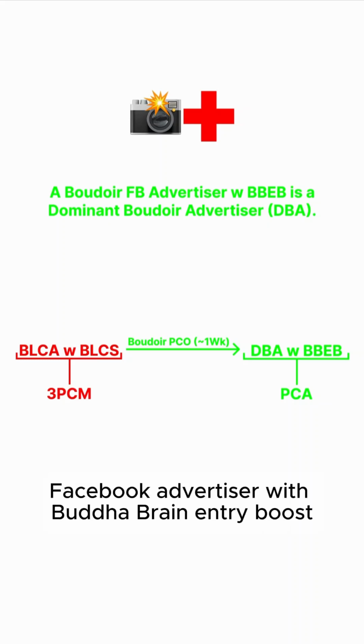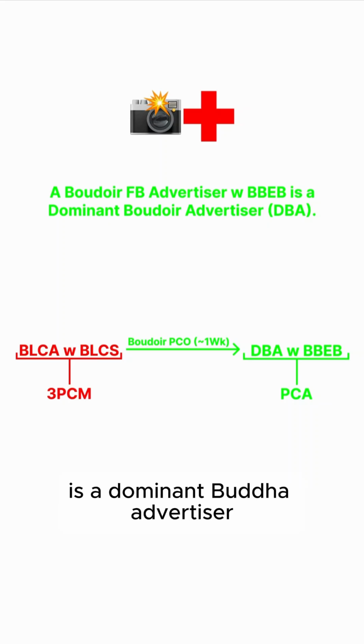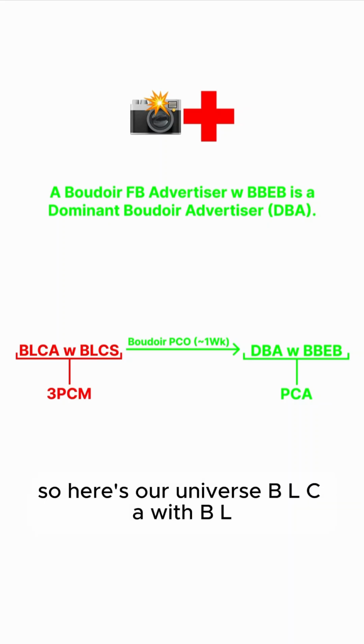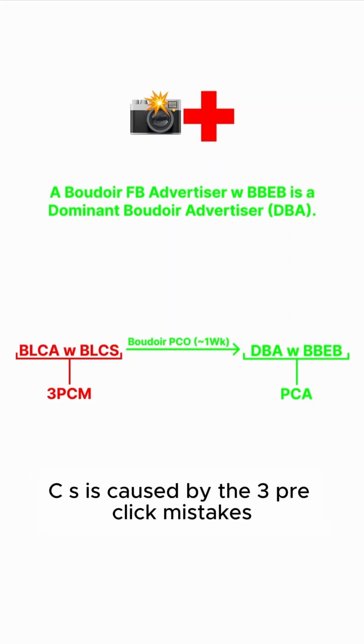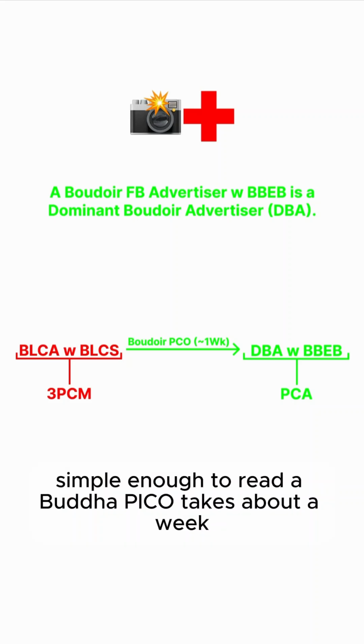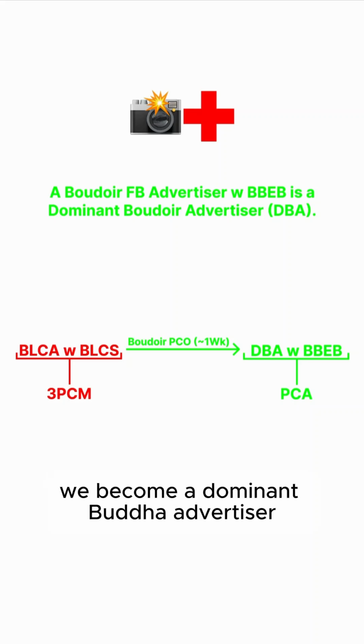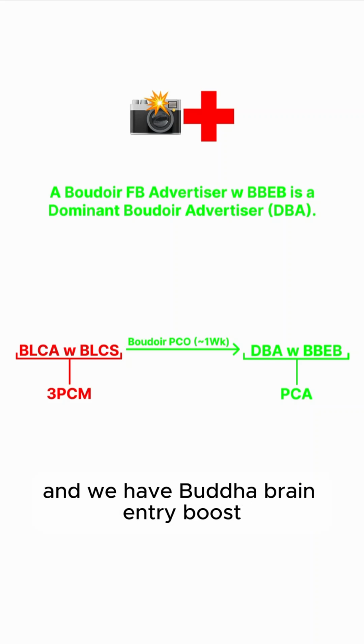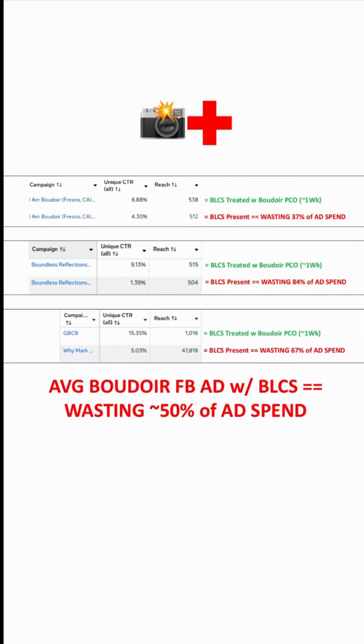And a Boudoir Facebook advertiser with Boudoir Brain Entry Boost is a dominant Boudoir advertiser. So here's our universe: BLCA with BLCS is caused by the 3 pre-click mistakes. Simple enough. Treated with Boudoir Pico, takes about a week, and we achieve pre-click alignment. We become a dominant Boudoir advertiser, and we have Boudoir Brain Entry Boost with our Boudoir Facebook ads.